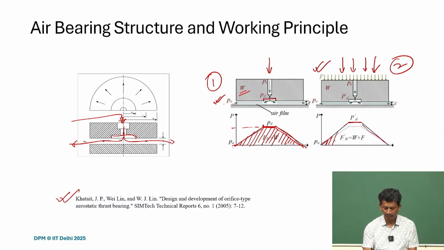And if we find the area, and over the area integrate P versus dA, we will find that this overall force is the pad, and this pressure versus dA, if we integrate, this will take care of this W as well as any external load.